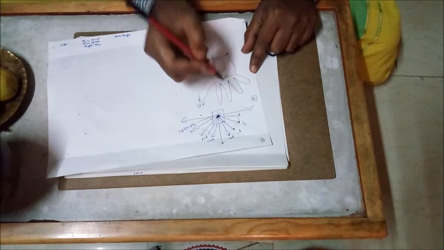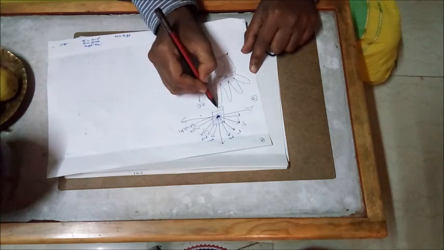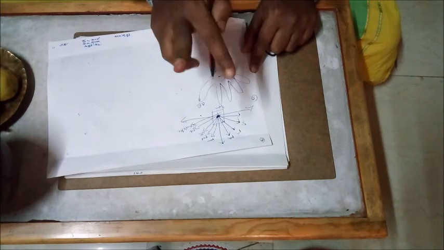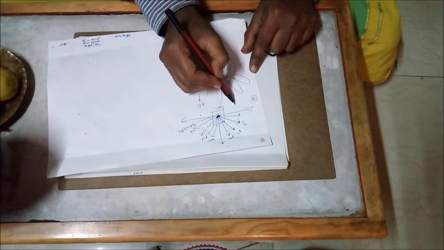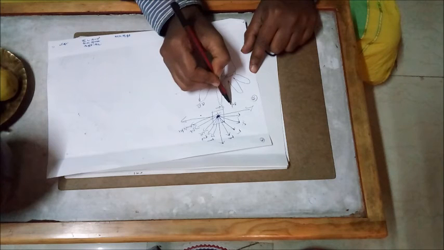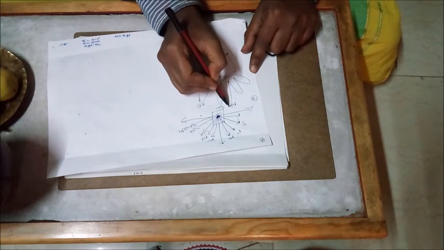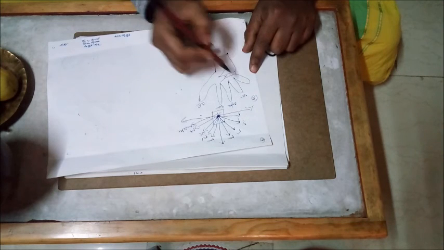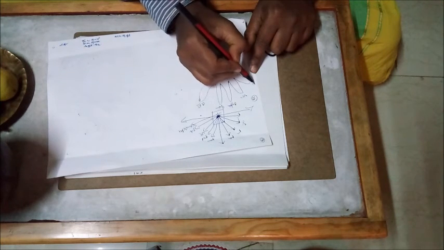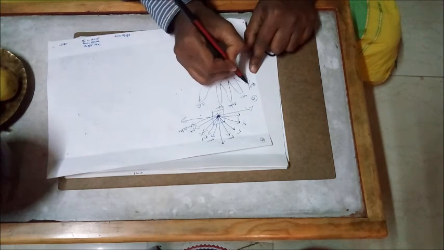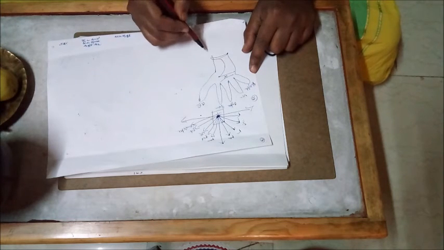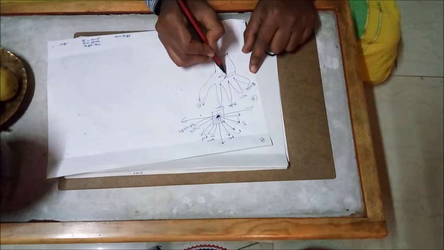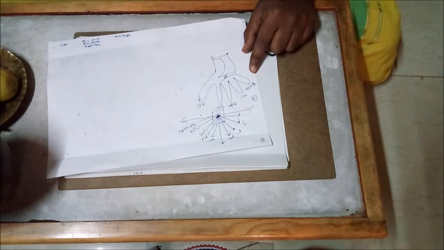The index finger is called Guru Parva, the middle finger is Ravi and Shani Parva, the ring finger is Venus Parva, and the little finger is Buddha Parva or Chandra Parva. Rahu and Ketu will be identified at the middle of this.